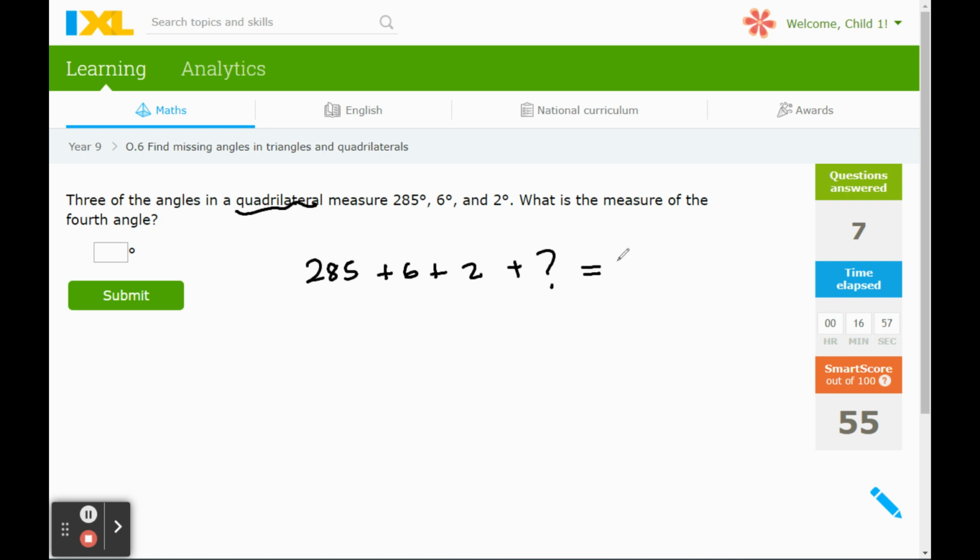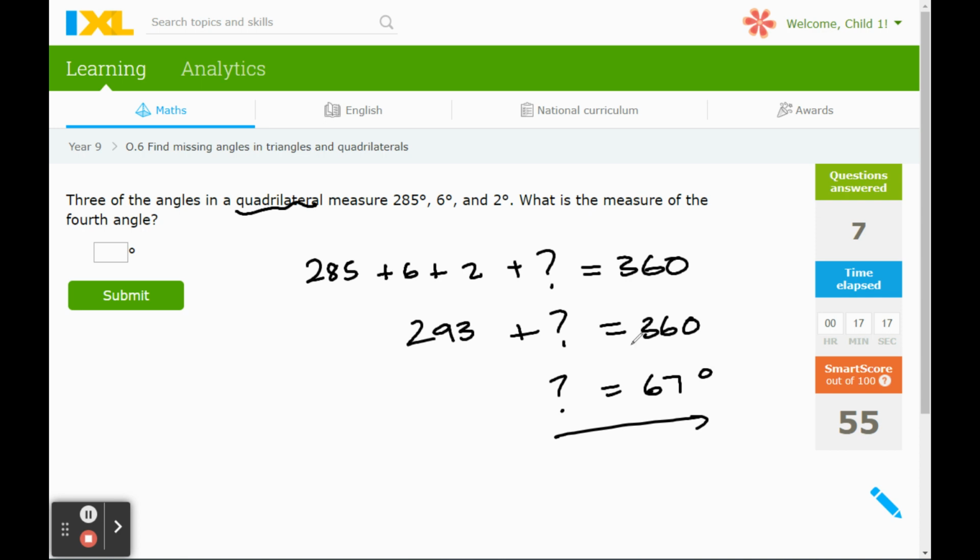There's the fourth angle. 6 goes into 291. 291 plus 2 is 293. 7 gets you to 300. 60 gets you to 360. So this is going to be 67. All right, and that's the answer for this one. So 67 degrees.